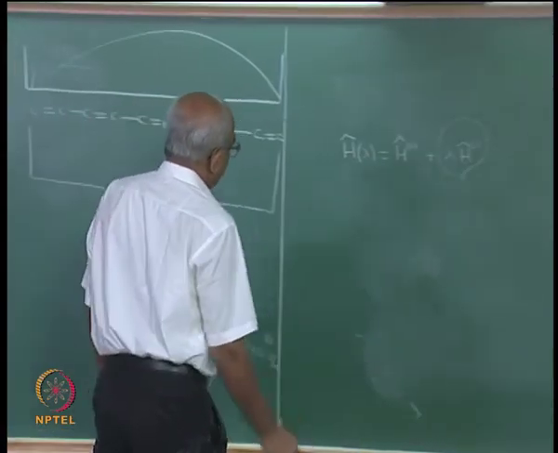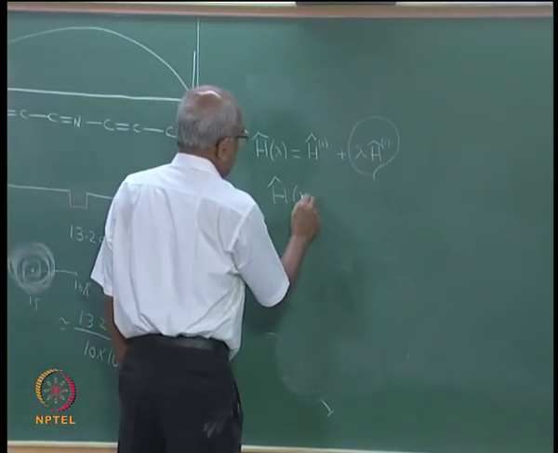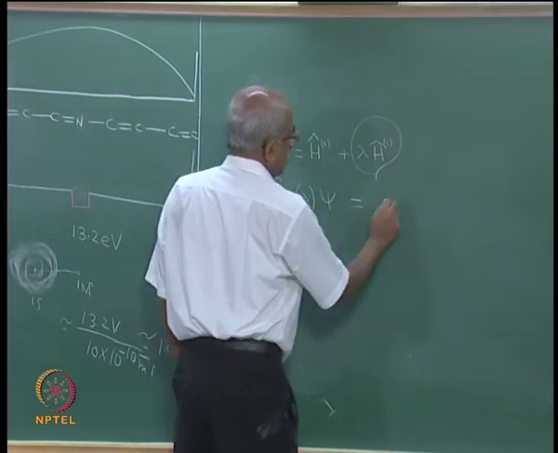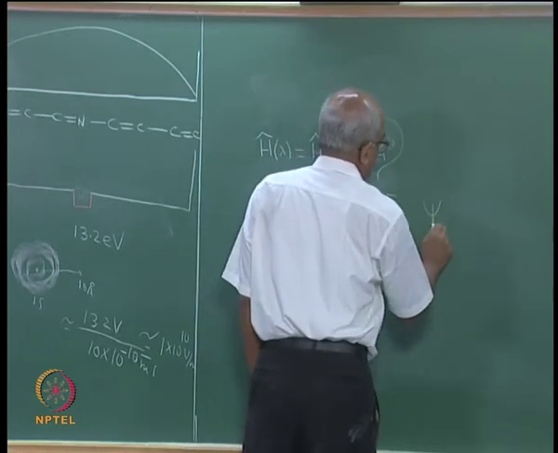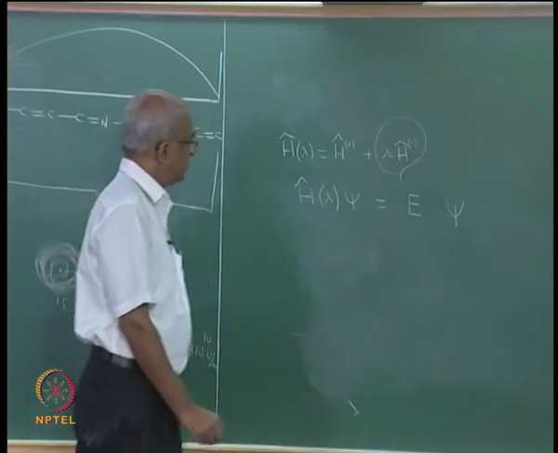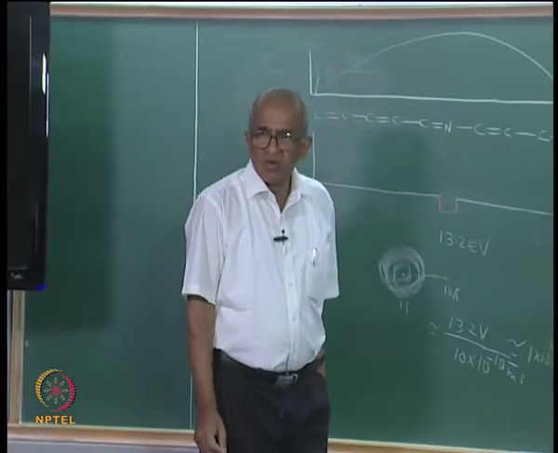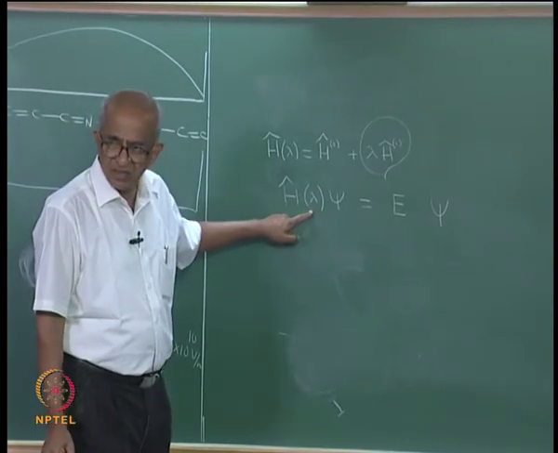So, what is it that I want to do? I want to find solutions of this equation, H(lambda) operating upon psi is equal to E psi. But because your H is dependent upon the parameter lambda, what would you expect?